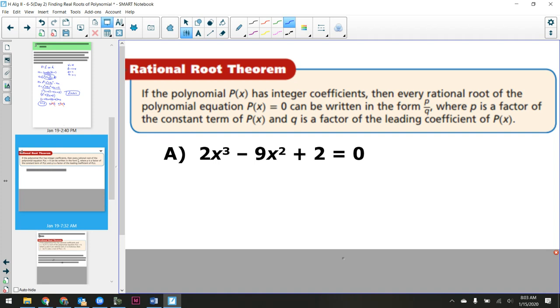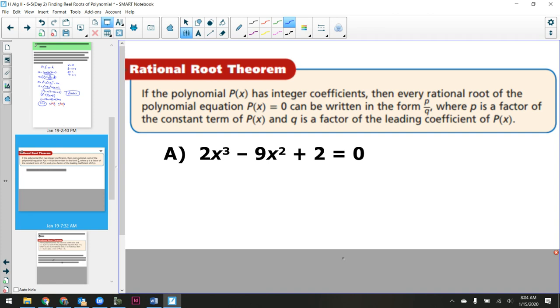So we're saying that as long as the polynomial has integer coefficients, no decimal coefficients, no fraction coefficients, then if it has rational roots, they can be written in the form p over q, where p is a factor of the constant term and q is a factor of the leading coefficient.